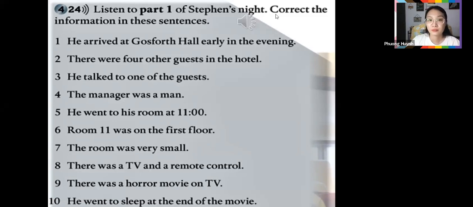I checked in, and the front desk clerk gave me the key and showed me to my room. I left my things in the room and came downstairs. There weren't many other guests in the hotel. There were only 3. I sat in the lounge and I talked to the manager, Sarah Daniels, about her hotel.